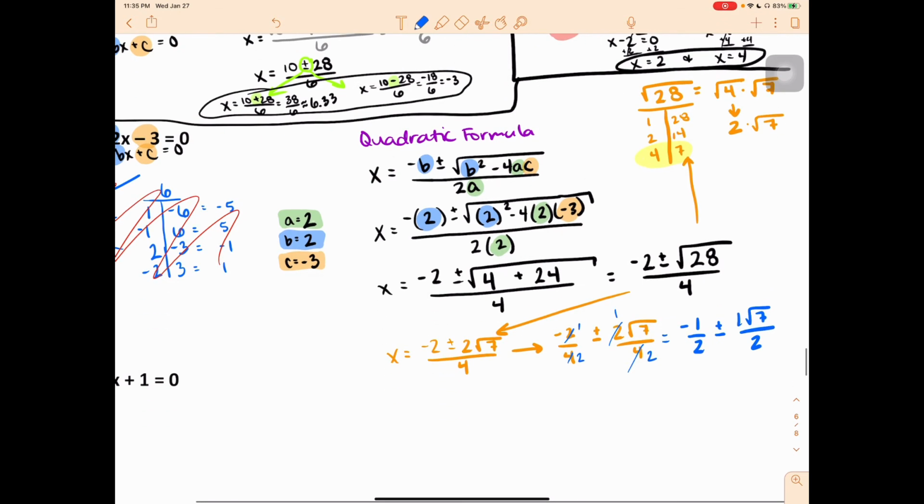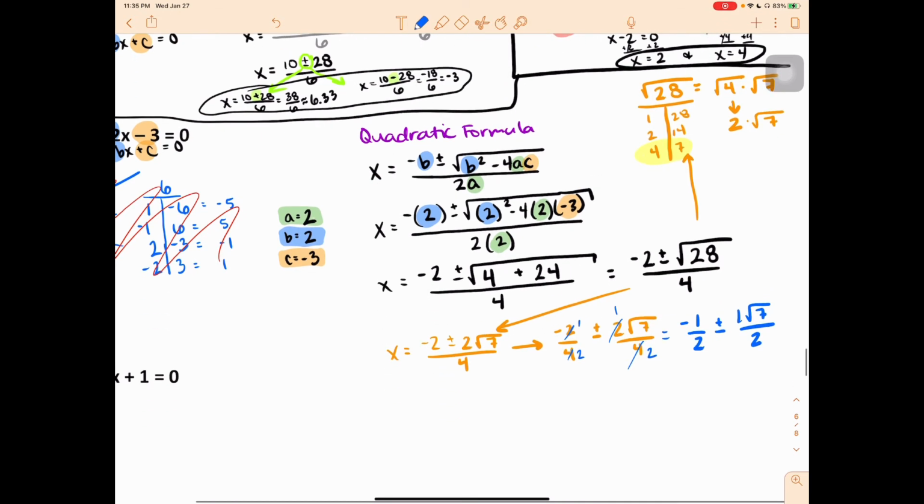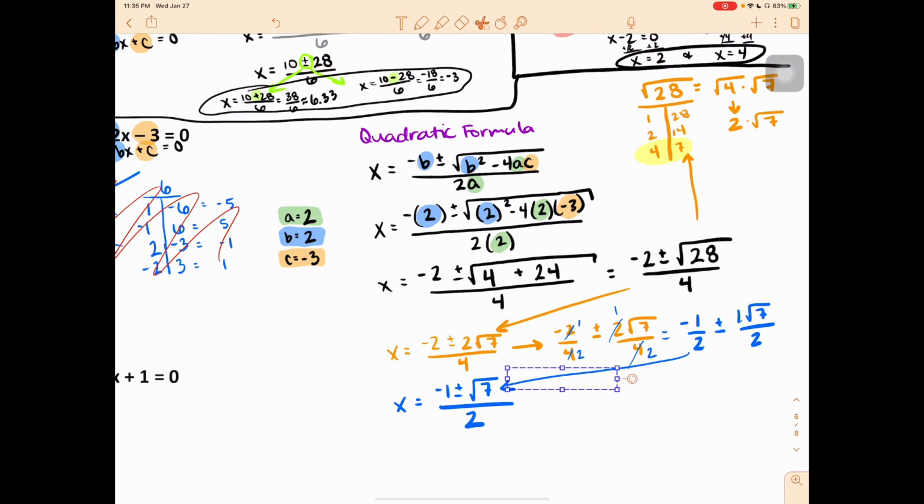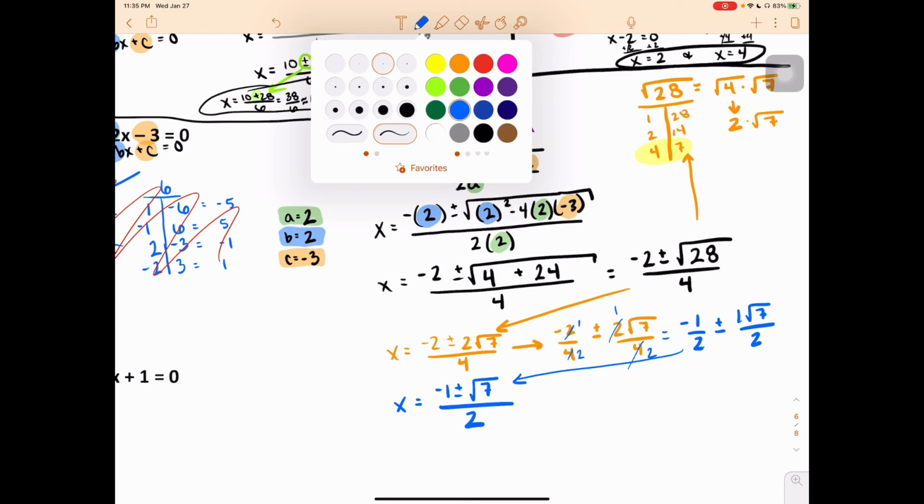Now, since those two fractions have the same denominator, we can rewrite this once again. We can rewrite this as x equals negative 1 plus or minus root 7, because 1 times root 7 is just root 7, all over 2. This is totally legal. So whenever you have two terms being added or subtracted in the numerator, you have to split them up in such a way just like I did up above, okay? Otherwise it won't work.